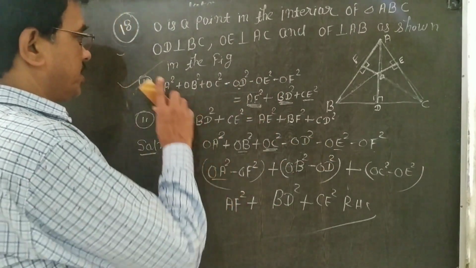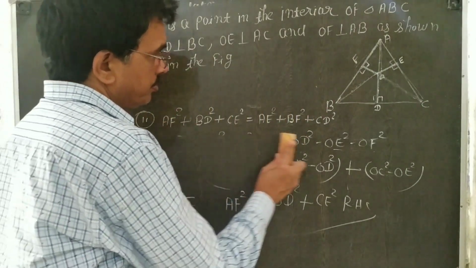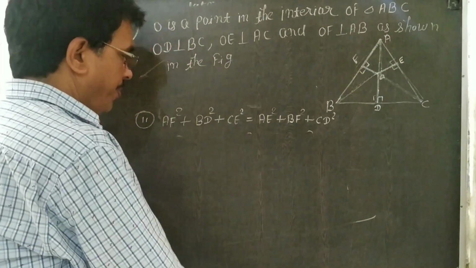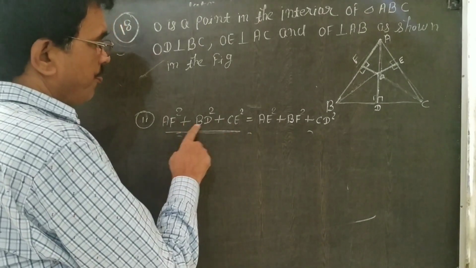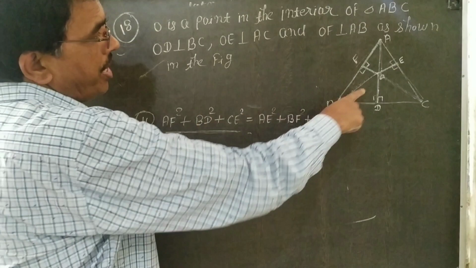Now the second question. You have AF square plus BD square plus CE square. From these, you find AF square.